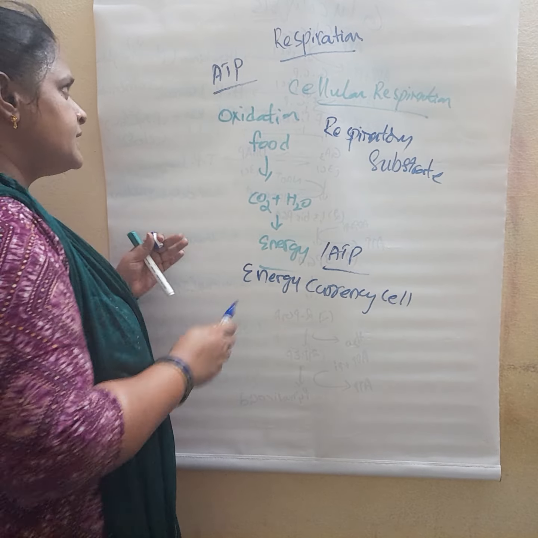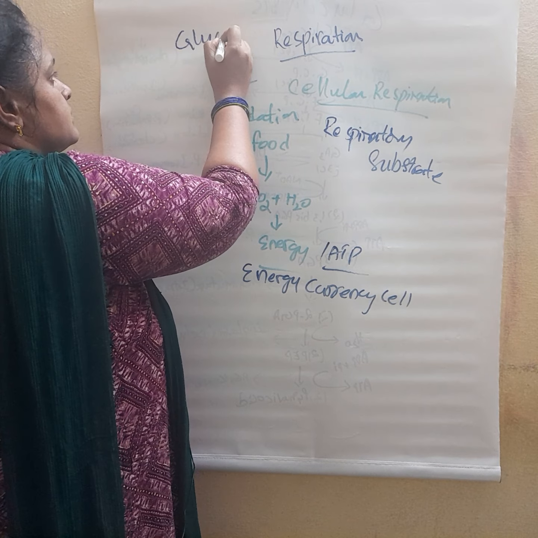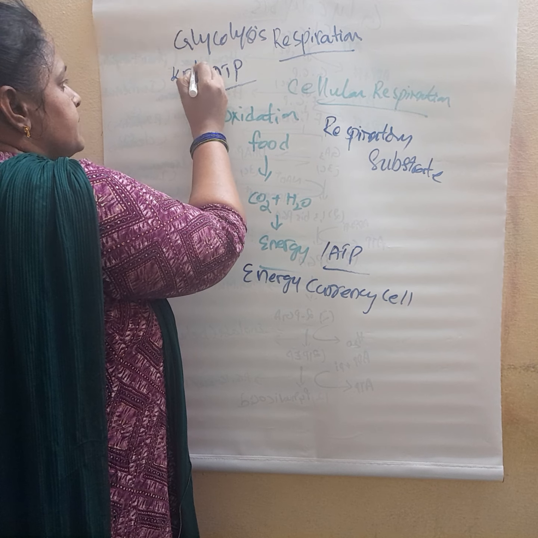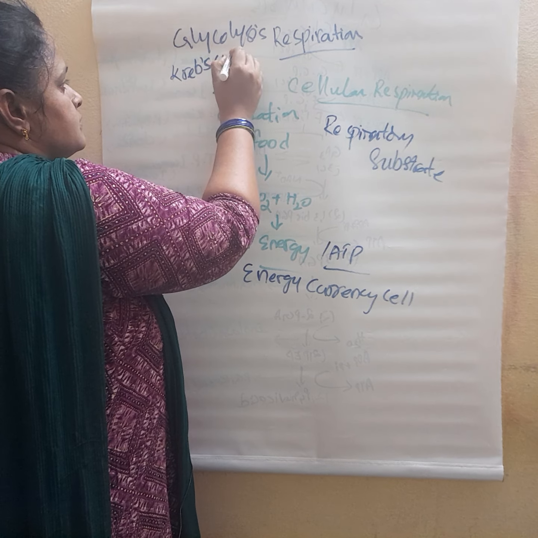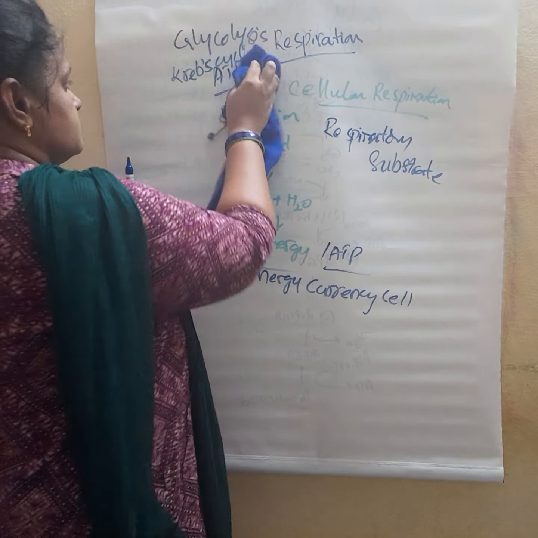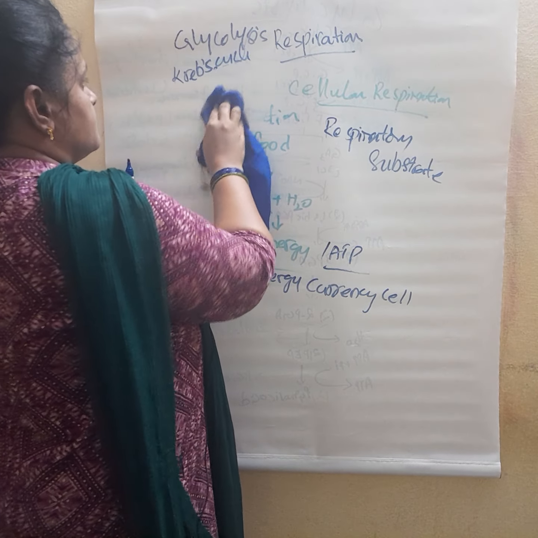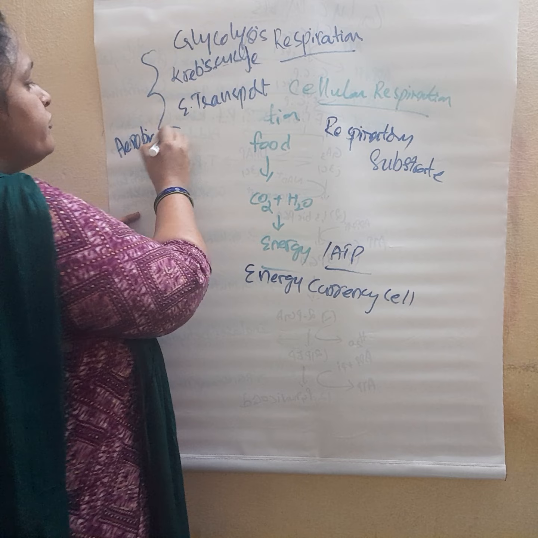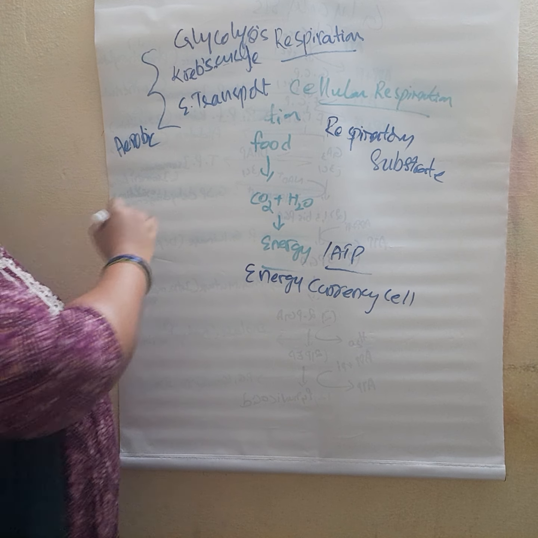First step is called glycolysis, and next is called Krebs cycle. Next is electron transport. Okay, this is concerned with aerobic respiration, not anaerobic respiration.